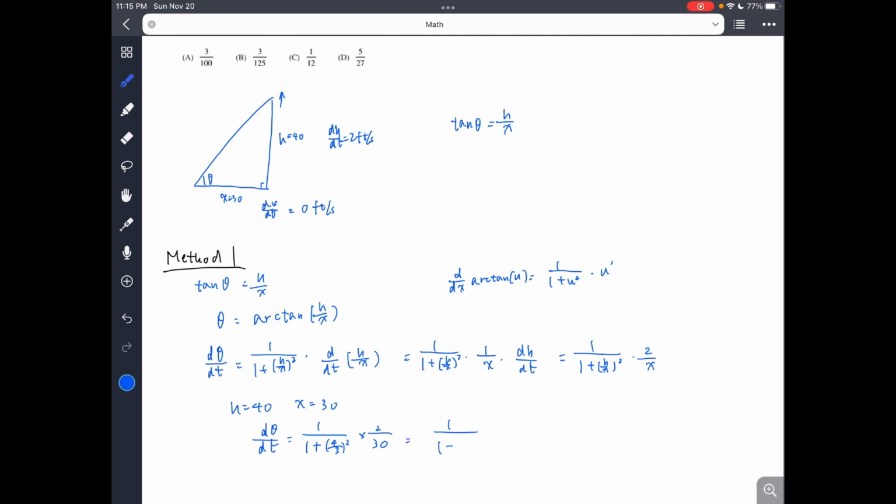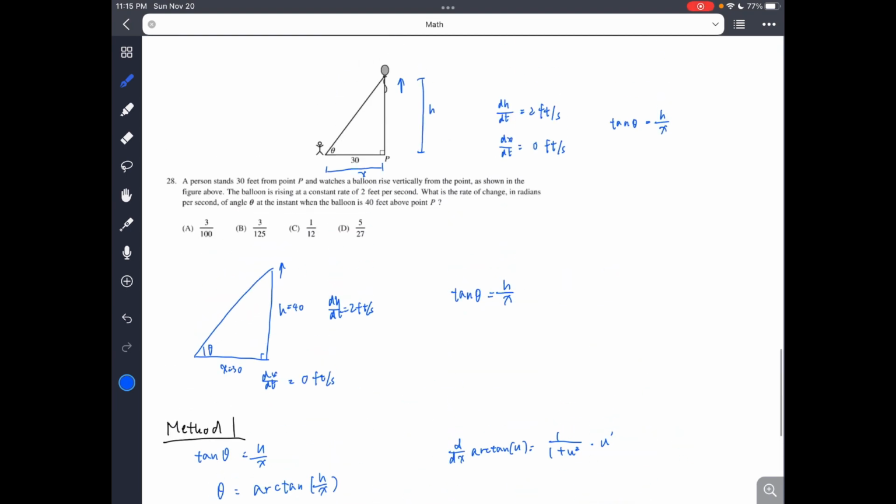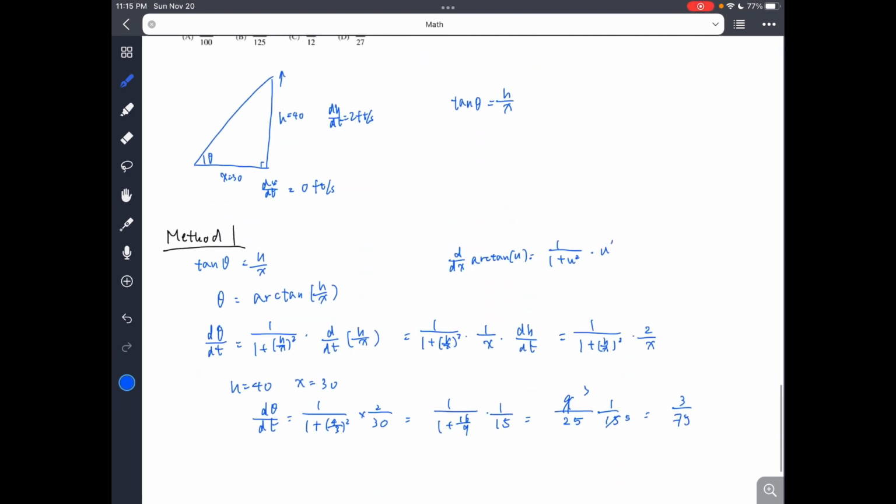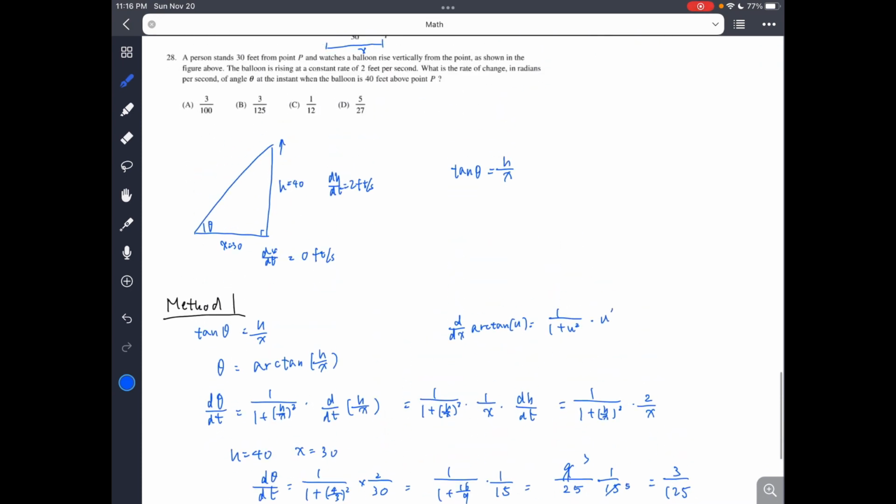So we have 1 over 1 plus 16 over 9 times 1 over 15. 1 plus 16 over 9 is 25 over 9, so 9 over 25 times 1 over 15, which cancels to 3 over 125, which is B.